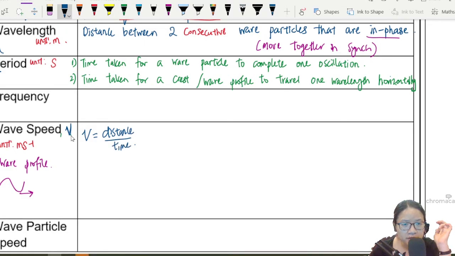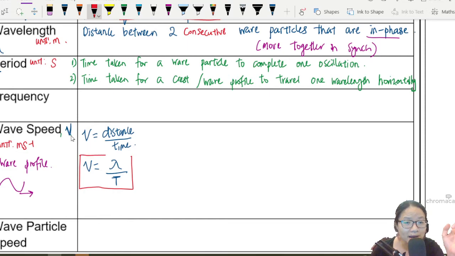The distance that we're taking is the distance traveled by the wave, in this case one entire wavelength, lambda. The time taken for that wave shape to travel one wavelength would be the period T. So v can be calculated using the measurements of the length of the wave, and then you time the time taken for the particle to oscillate one cycle. This is an equation to calculate the wave speed.